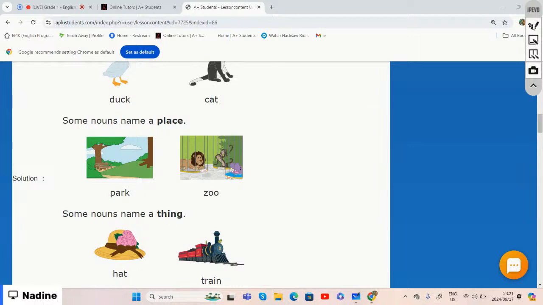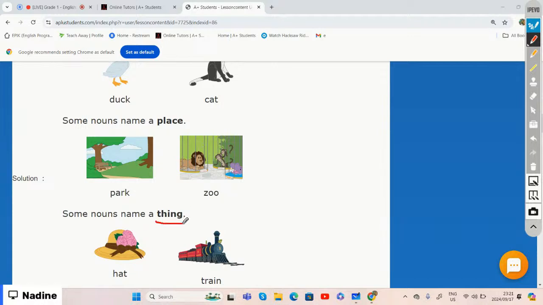And some nouns name things. And things can be anything. It can be general things, specific things, like a hat, a train, a car, a bus. It can be literally anything: balls, dolls, things that you play with.